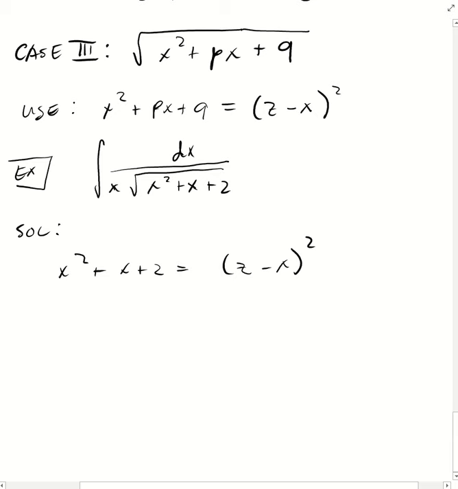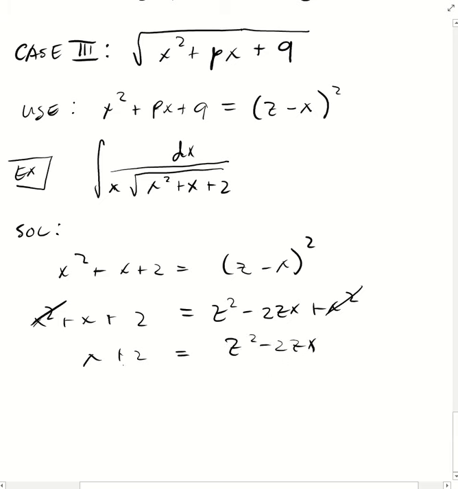Then we need to solve for x from here. First, we need to expand this one. So this will be z squared minus 2zx plus x squared. And at the left side, x squared plus x plus 2. We can cancel out x squared and x squared. So this will be x plus 2 equals z squared minus 2zx.